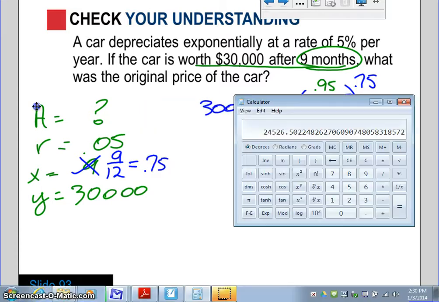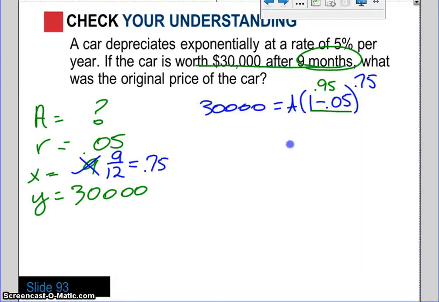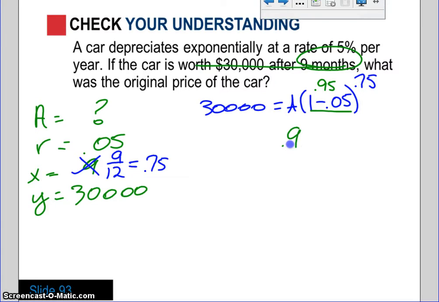So we take our 0.95 and put it to the 0.75, and we get 0.9623 if we round, equals the 30,000.